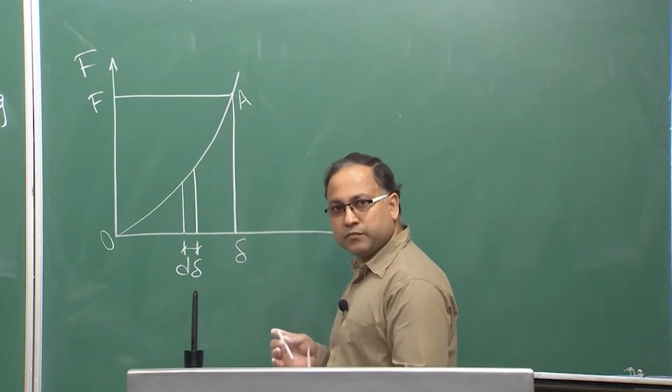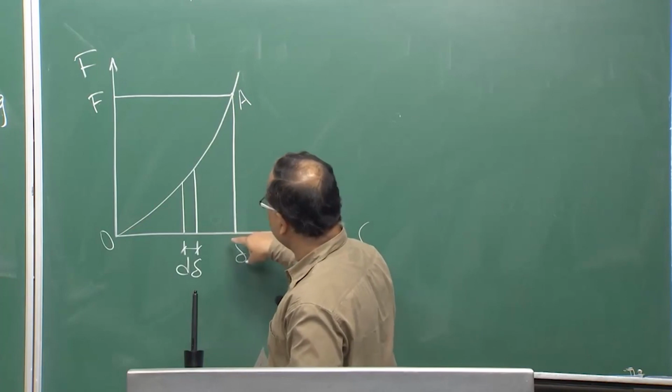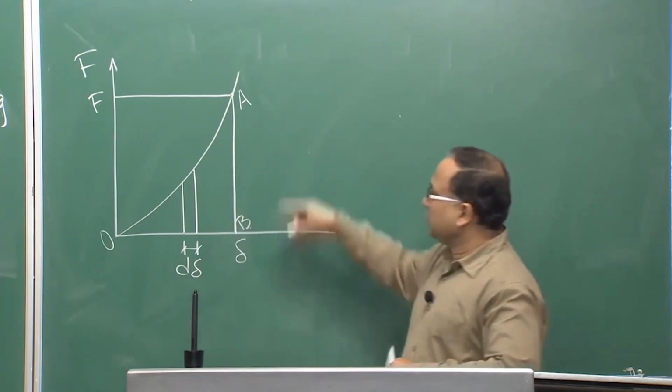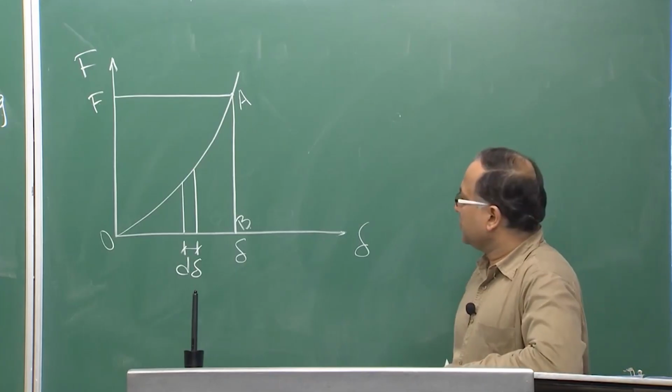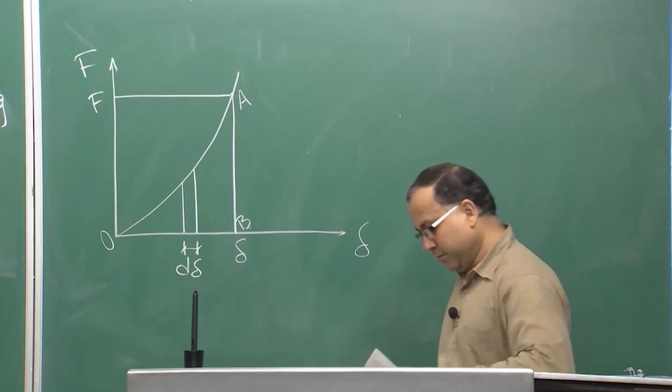Graphically we are getting that. So, area under this curve, OA, this point, say if you say B, the area OAB will give you the potential energy.